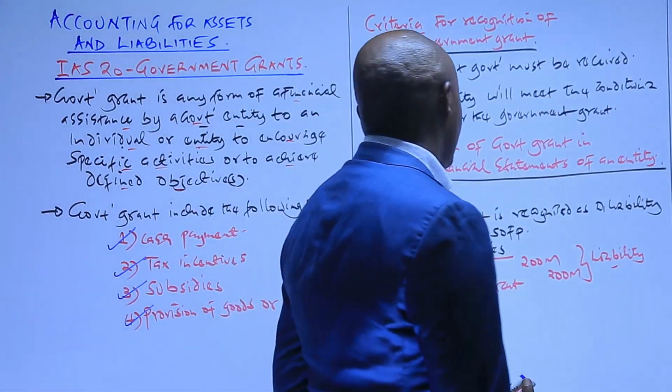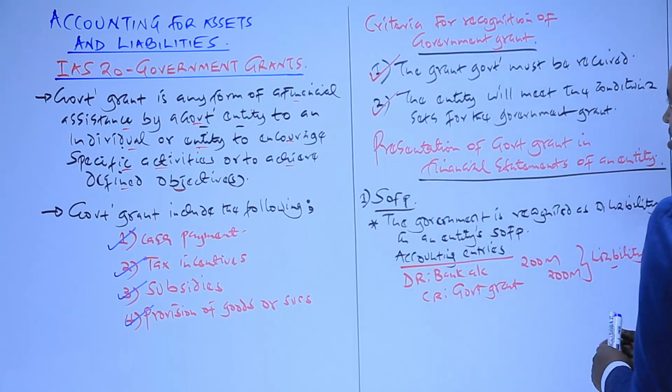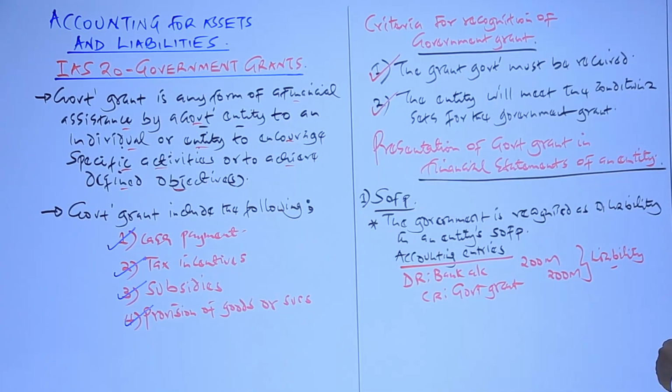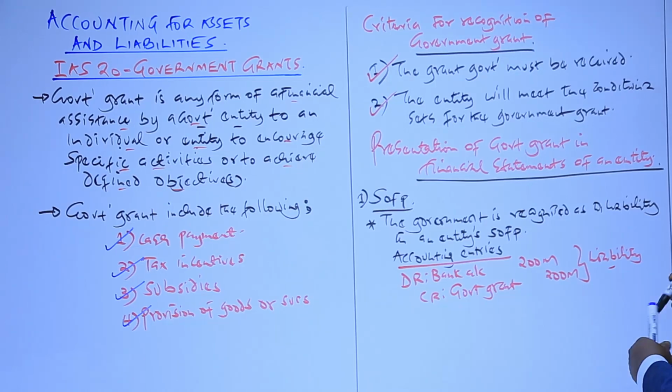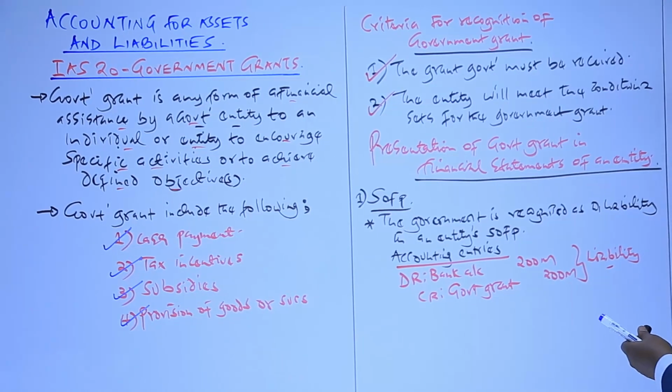So therefore, in this case, we can look at the presentation of government grant in the income statement.